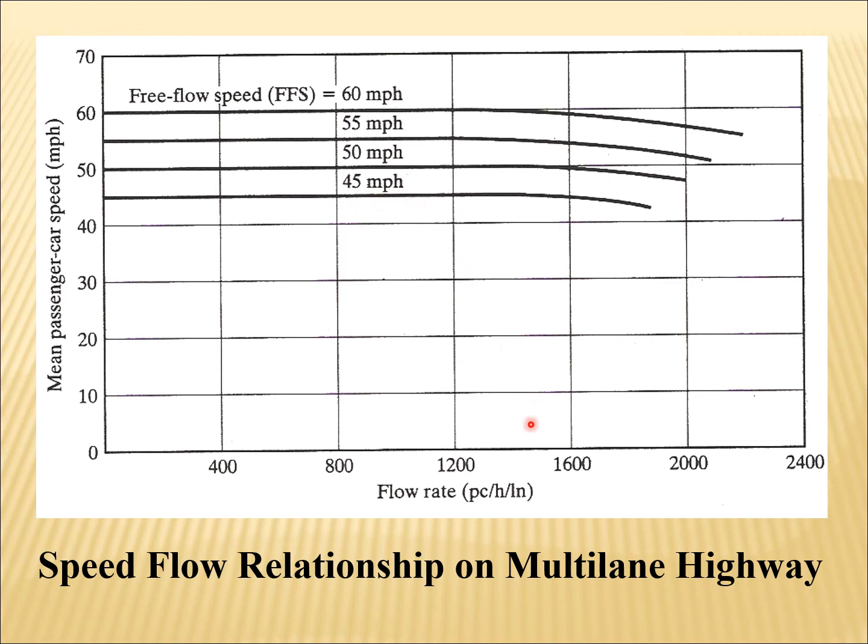Because you can see that up to the flow rate of about 1400, you are having these lines horizontal, and then you are having the shape of the curve like this. So here you can see that it is about up to 1400 that the lines are horizontal. Look at that.